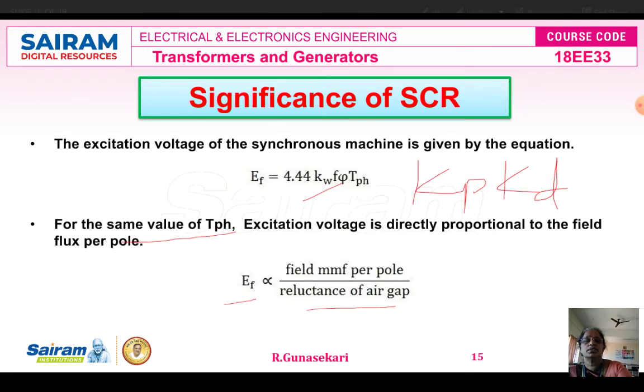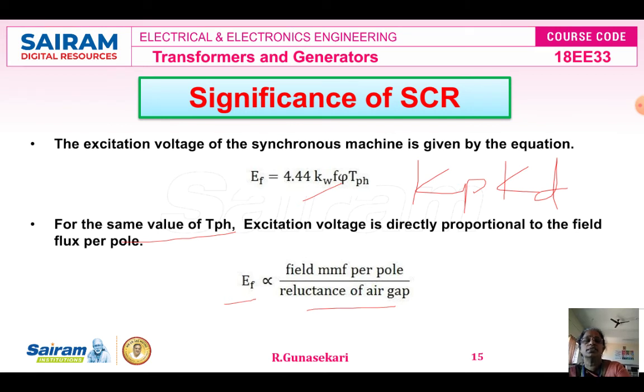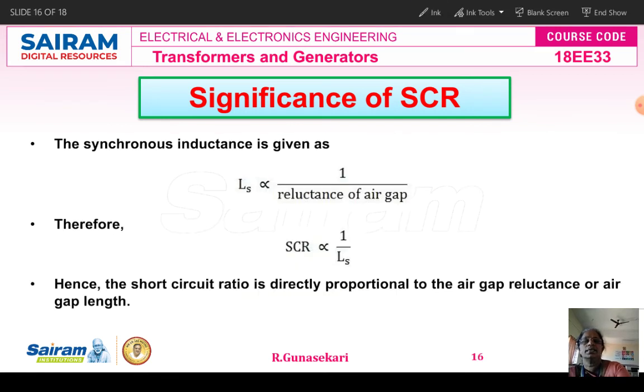In a synchronous machine, we can consider LS, which is the synchronous inductance. The synchronous inductance LS is inversely proportional to the reluctance of the air gap. Therefore the SCR is inversely proportional to synchronous inductance, because we already studied that SCR is inversely proportional to the direct axis synchronous reactance in per unit value.